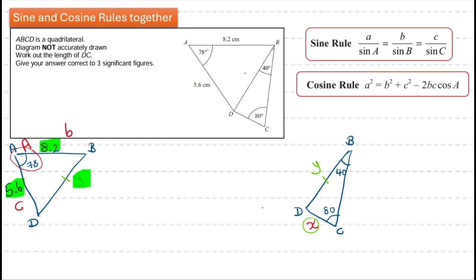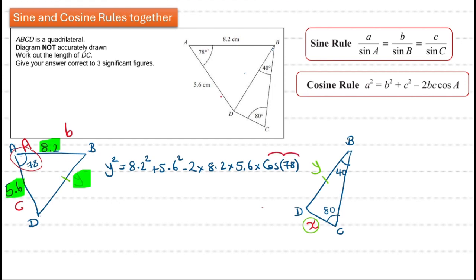Now we're going to substitute these values into our cosine rule formula. So we get y squared equals 8.2 squared plus 5.6 squared minus 2 times 8.2 times 5.6 times cos of the angle, which is 78 degrees.